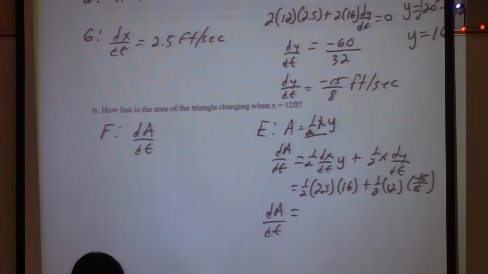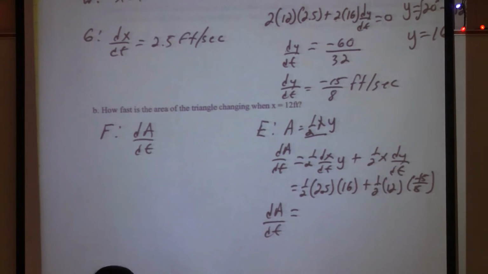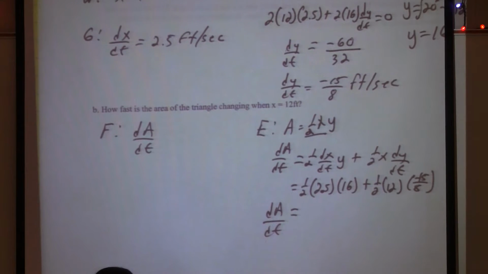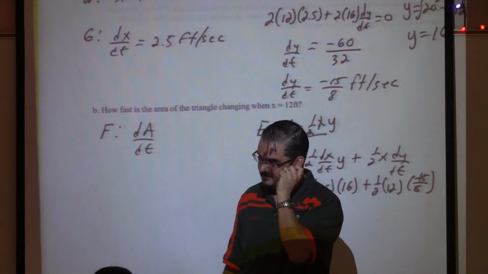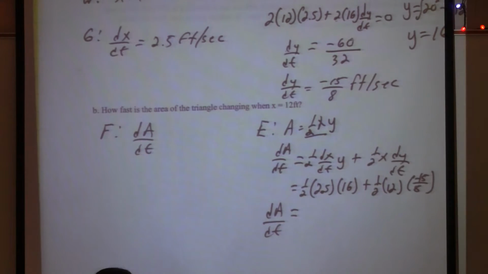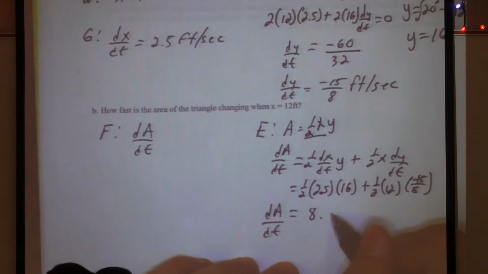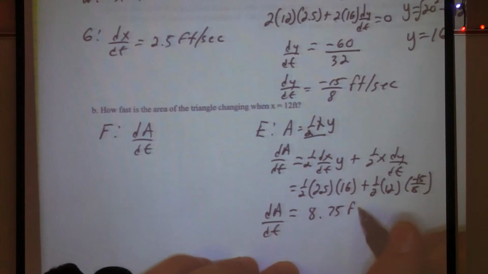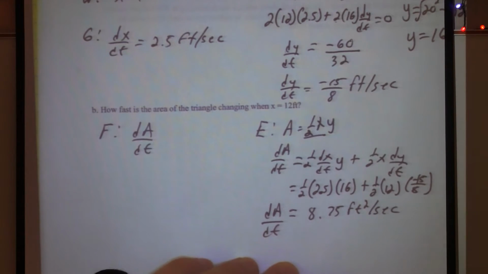Where is it? It's right there, right next to you. So, yes, he has his over here. Okay, yeah, I did get it. I remember that. Alright, so what would we end up with? 8.75. Feet squared per second.